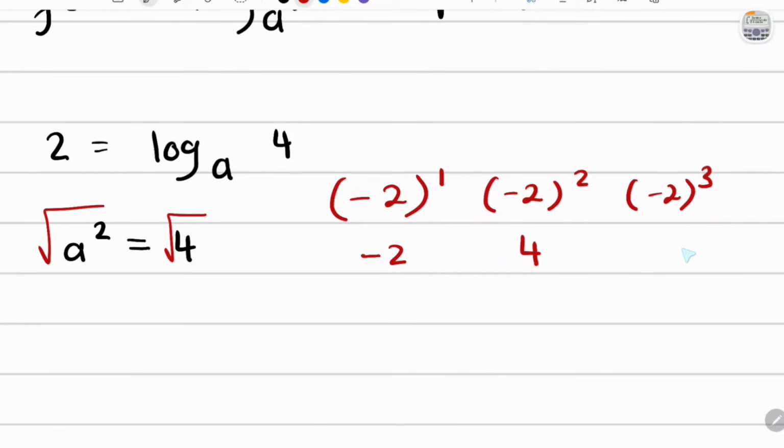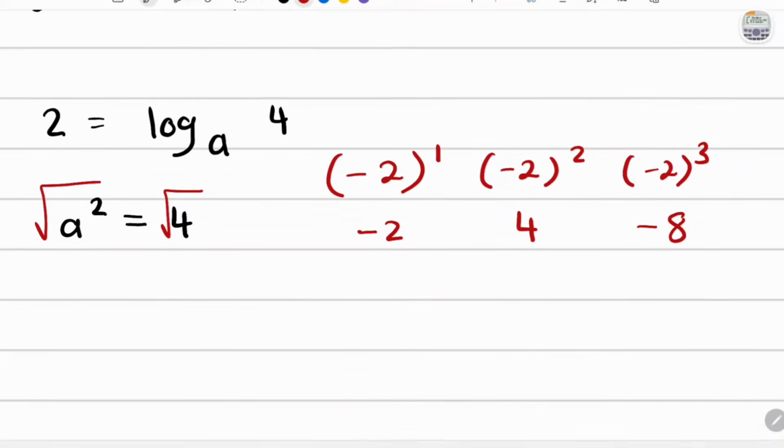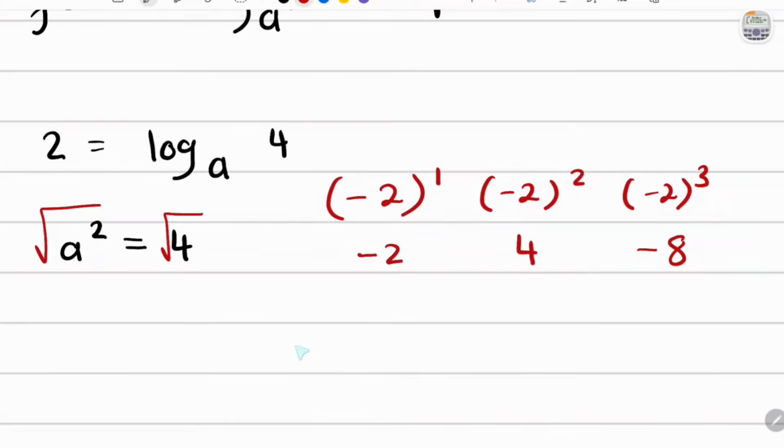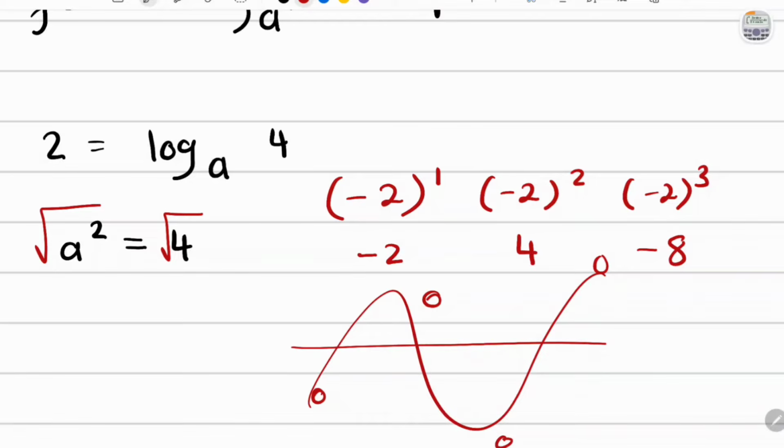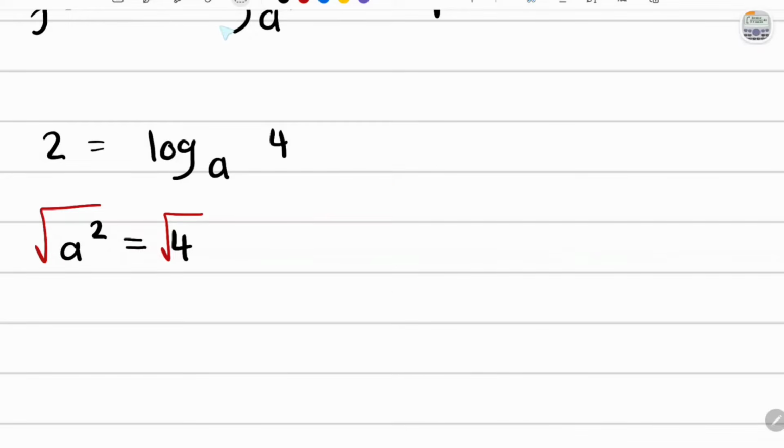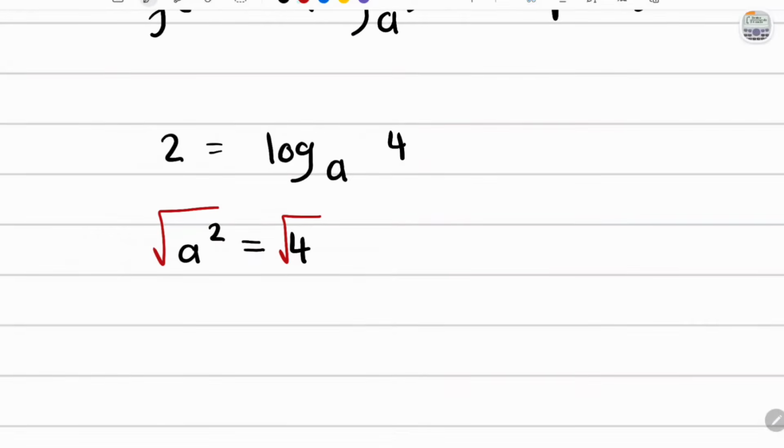Negative 2 to the power of 3 is negative 8. You see what's going on here? This is not going to draw an exponential function. It's going to be a zigzag function. So you're going to have negative 2, 4, negative 8, and then something else. And that's why in exponential functions, the base is never negative. Okay, so that was just a little something I wanted to throw in.